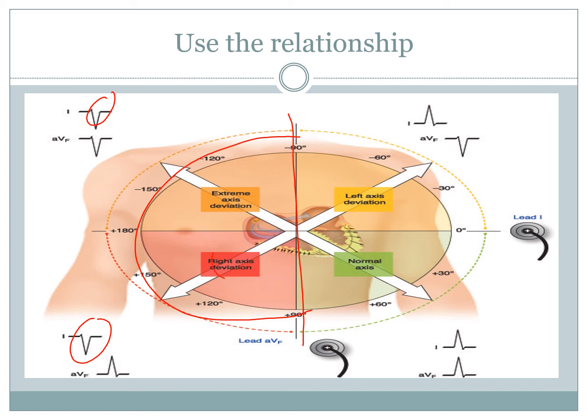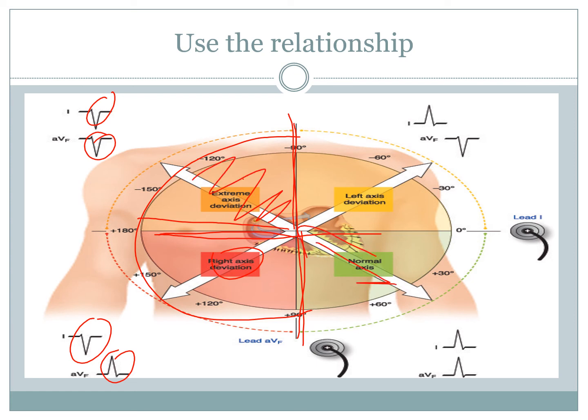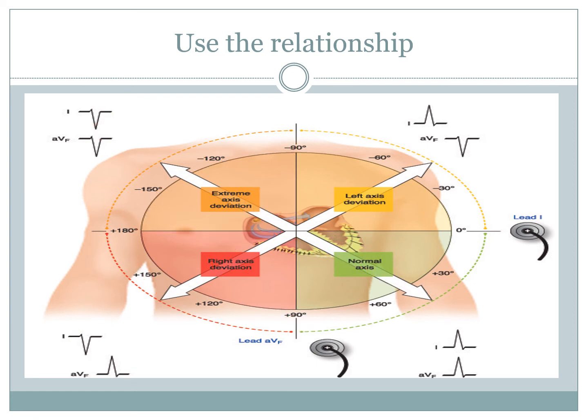Positive inflection is where it should be, so it's right axis deviation. If it's negative inflection, then you are dealing with the heart traveling in the exact wrong direction, which is known as extreme axis deviation. So those two leads alone are how we determine the quadrant method of axis deviation.